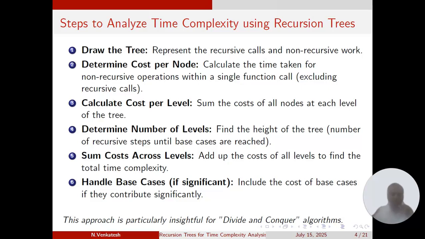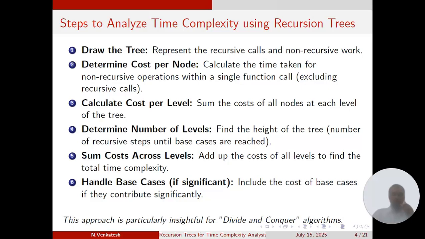In some cases, the base cases may also add a significant contribution. In that case, we need to add the cost of the base cases also. We will see later that this is very helpful in analyzing divide and conquer algorithms.